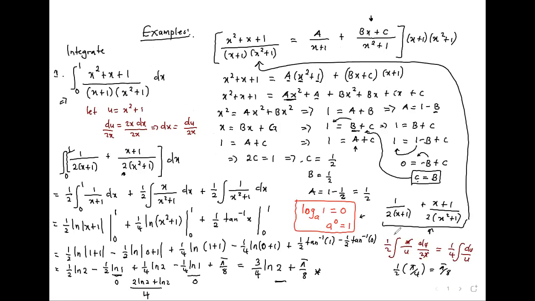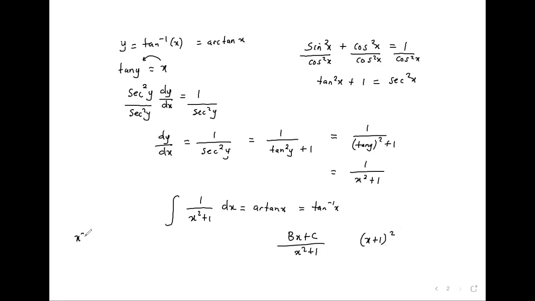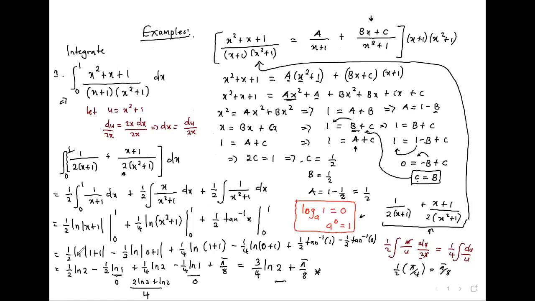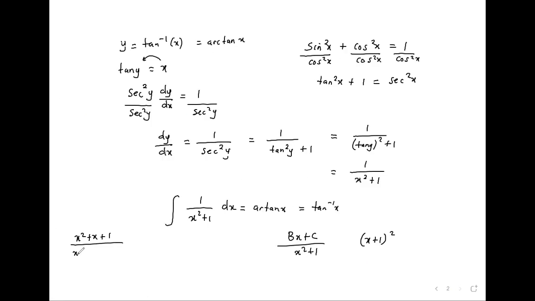If it was x squared plus x plus 1 over x plus 1, suppose this is squared, then we'll just change the inside. Maybe we put something else here, x minus 1. So what you would have done to this is say, okay, this is a over x plus 1 plus b over x plus 1 squared plus c over x minus 1.